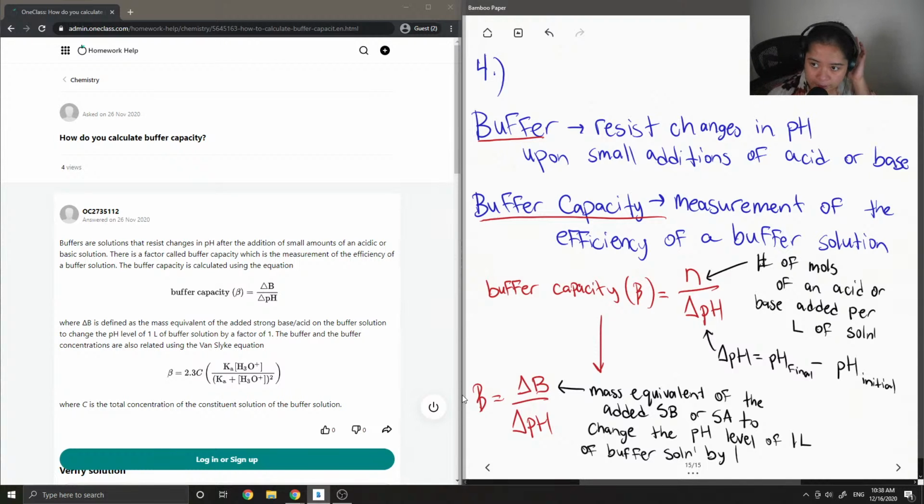This is another way of finding buffer capacity. So depending on what you're given in a question, you can use either equation.